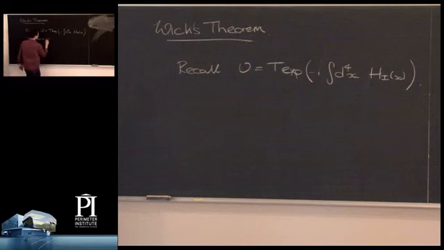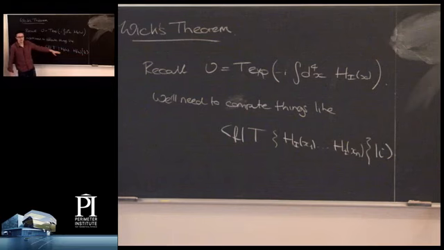We'll need to compute things like some final state, and then the time-ordered product of a whole bunch of Hamiltonians acting on some initial state. Okay, so these are the kind of things we're going to need to compute, and there are integrals over all of these x1s through xn's.